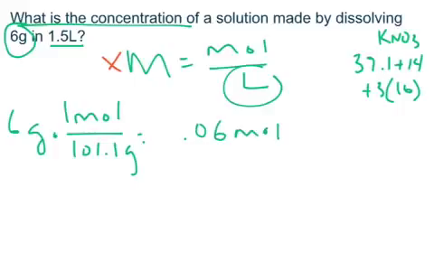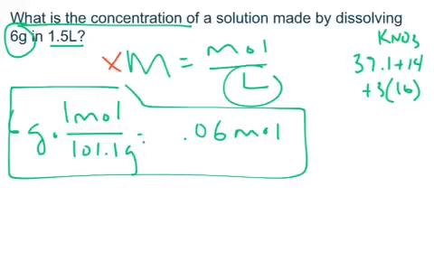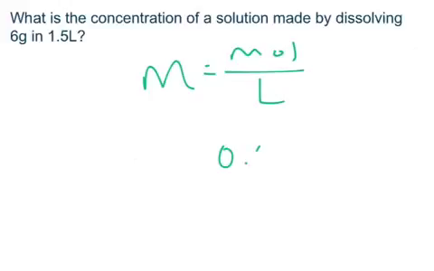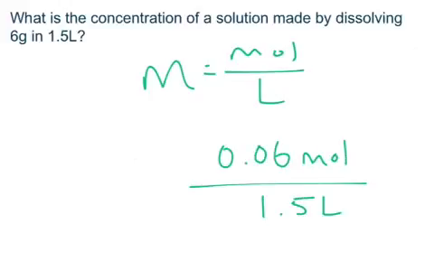So we got that out of the way so that we could plug this right here. And we would solve by 0.06 moles divided by 1.5 liters. So the answer is 0.04 molar.